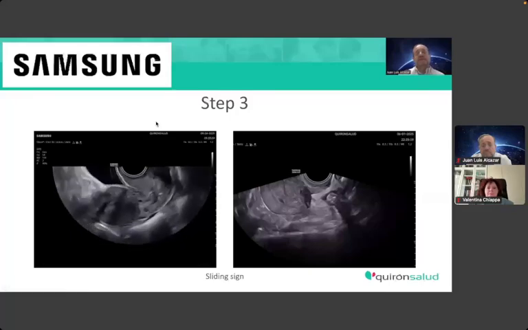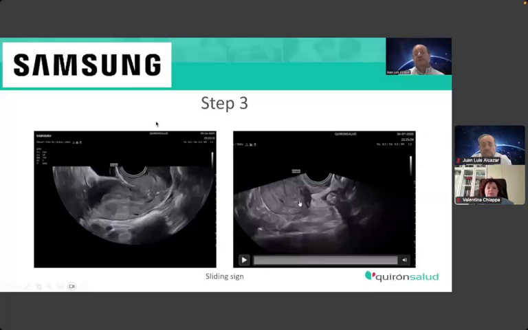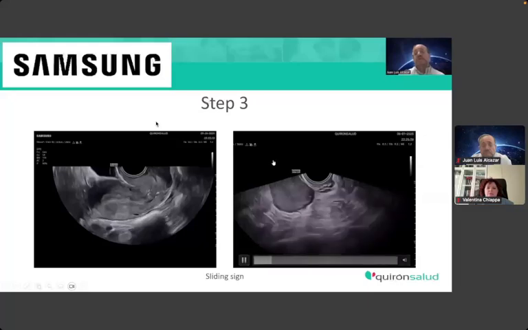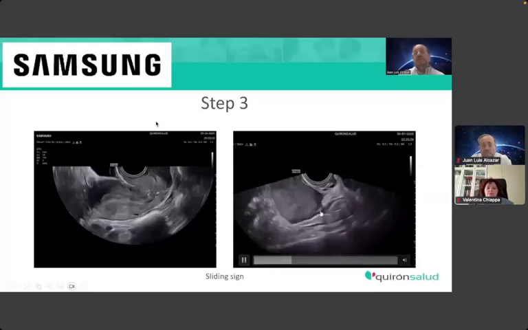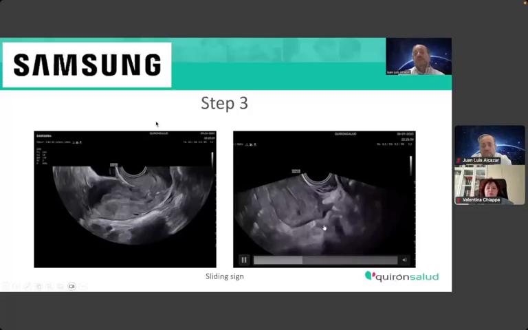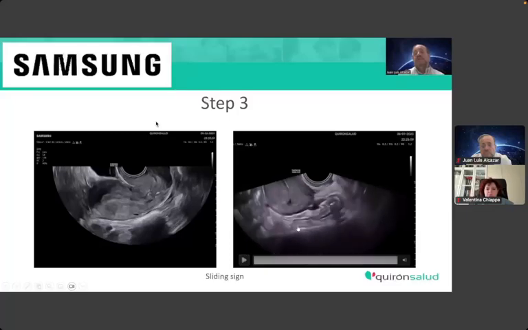In this other case, you have a retroverted uterus, and you see that the sliding is negative, and the posterior fundus of the uterus is not sliding over the rectum. This is a negative sliding sign, and this means that the pouch of Douglas could be obliterated.